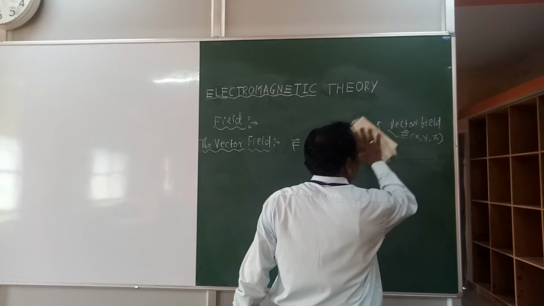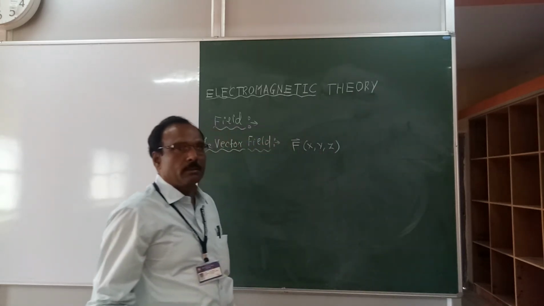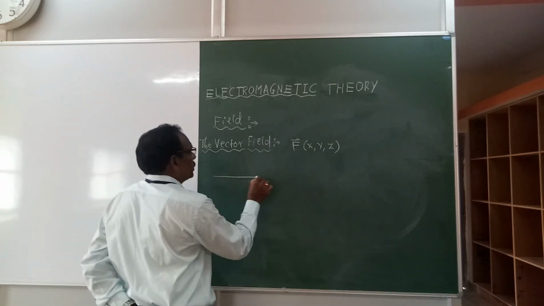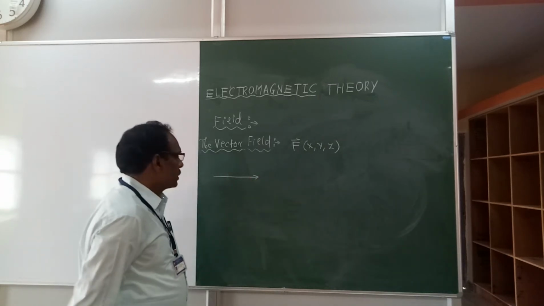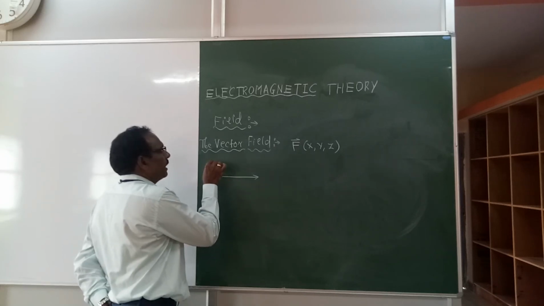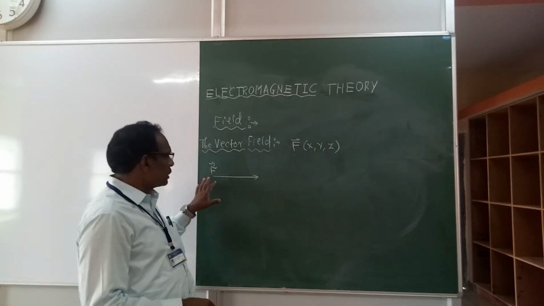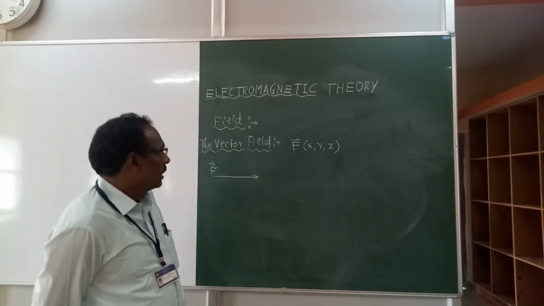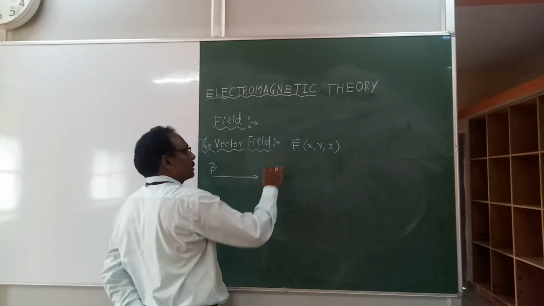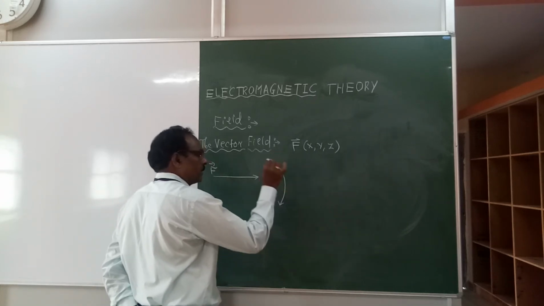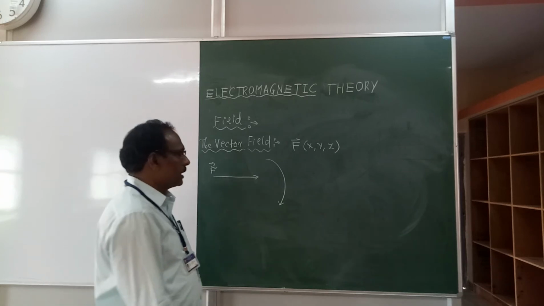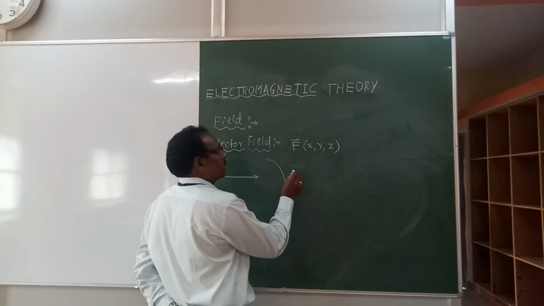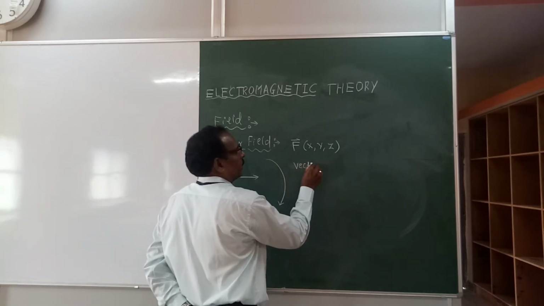Now, how is this vector field represented? This vector field is represented by vector lines. I may draw this as a vector line. F is a vector, and it is represented by both magnitude and direction. I may draw the vector lines. A curved line is a vector line, or called a curved vector line.